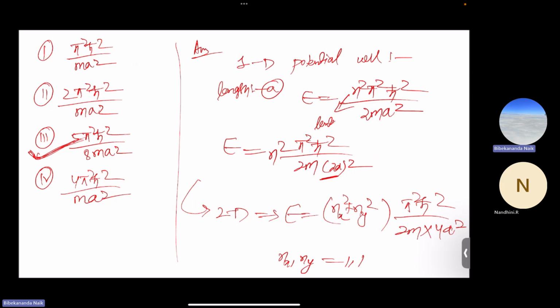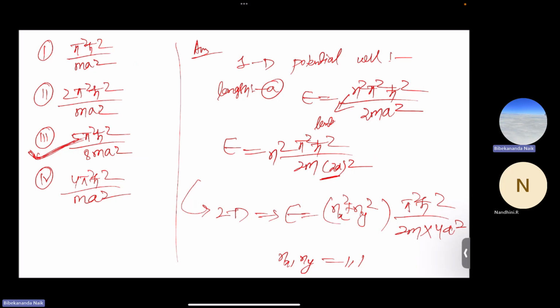Similarly, if you talk about the two-dimensional potential well, energy will be nx square plus ny square into pi square h cross square by 2m into 2a square, which is 4a square, and the values of nx and ny will start from 1. So nx is 1, 2, 3 up to many large values, and ny is also 1, 2, 3 up to the number of levels.